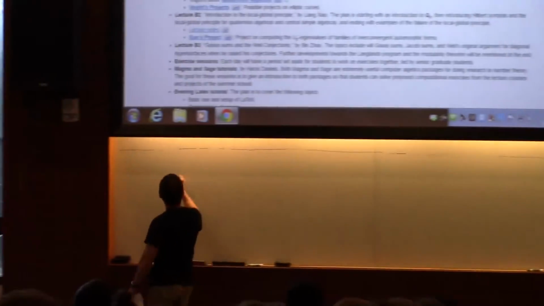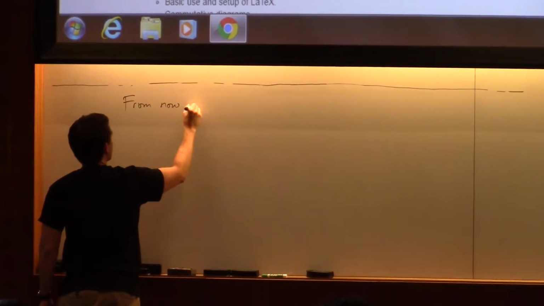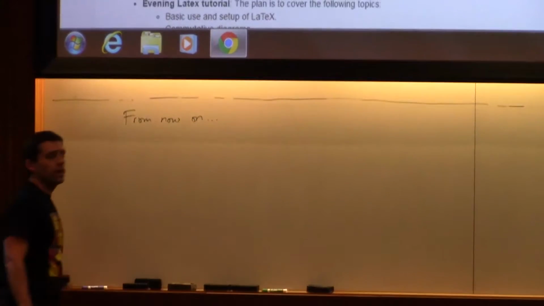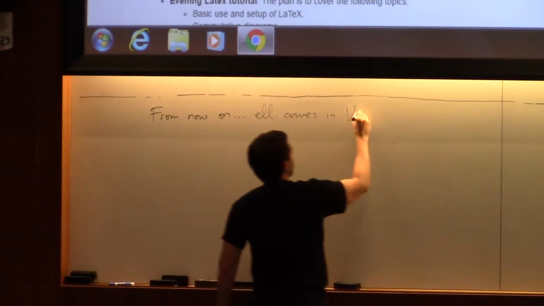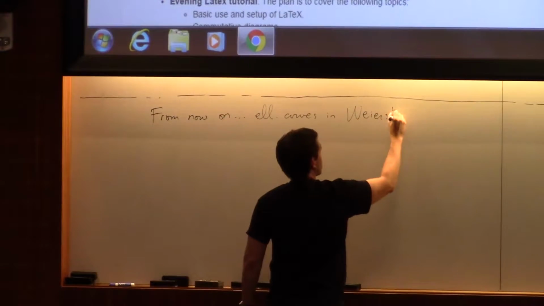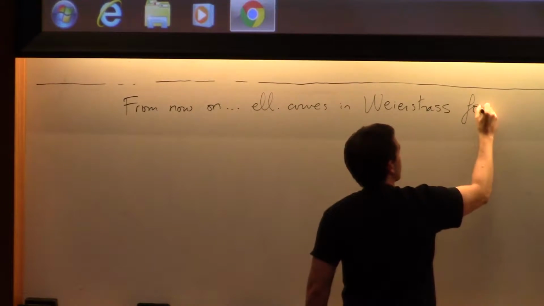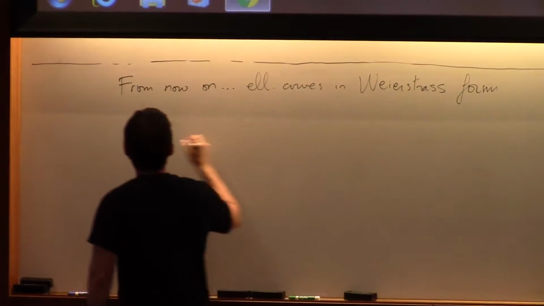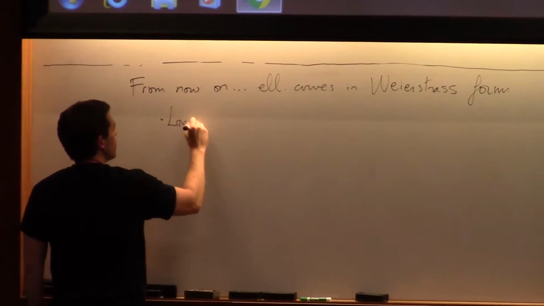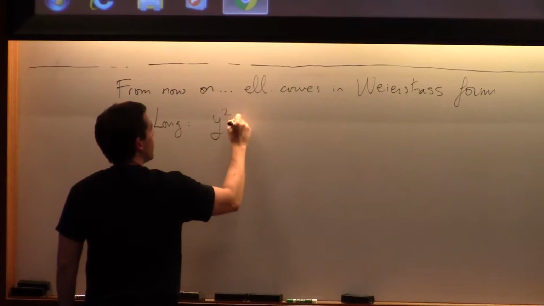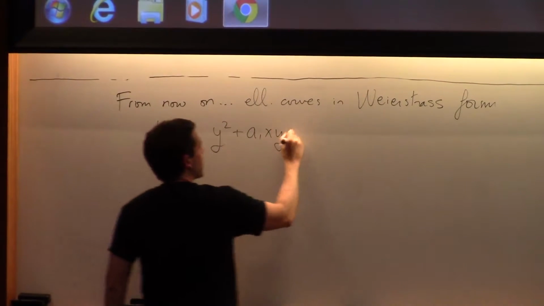But from now on, we consider all the elliptic curves given in Weierstrass form. The long Weierstrass form is a form like this.